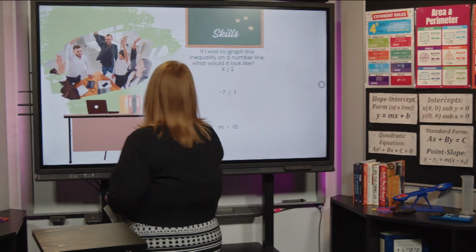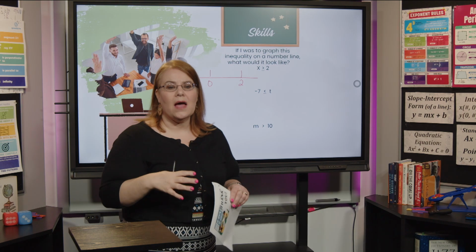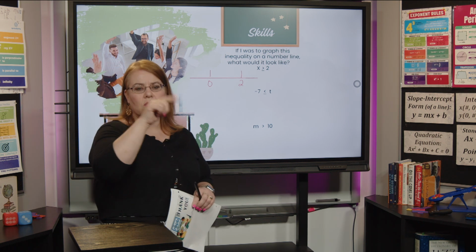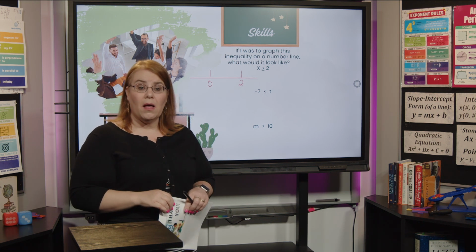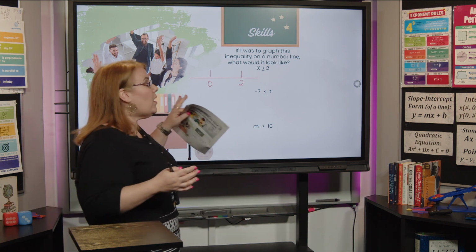I'm going to do number 1. So here's my number line. I am going to put a 0 and a positive 2. Now, you may be thinking, Ms. Killen, in elementary school, when we did the number line, we had to do 1, 2, 3, 4. That's all good and well, but for space and time, sometimes you're not going to be able to put all those numbers.